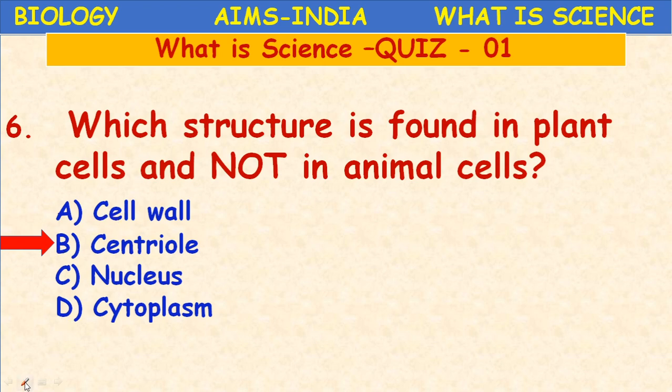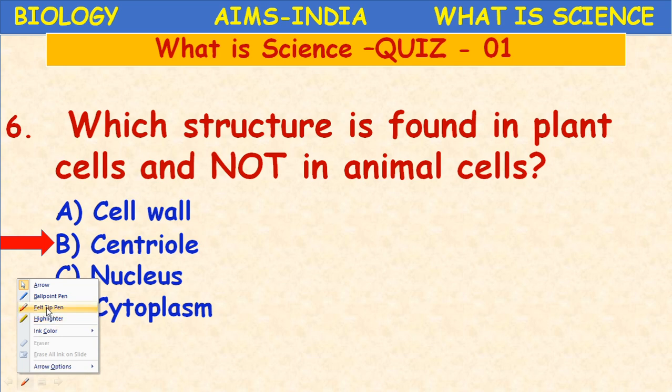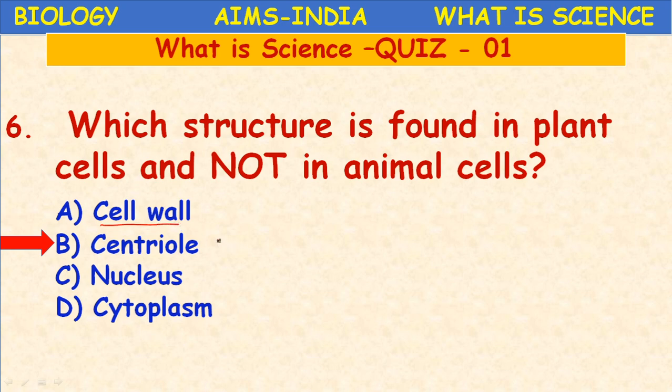What is the right answer here, children? Cell wall. Nucleus is found in both, and cytoplasm is also found in both plant cell and animal cell, but the cell wall is found in plant cell, not found in animal cell.